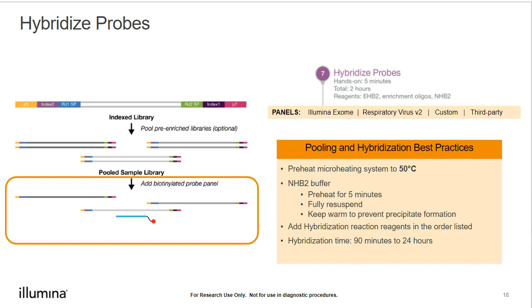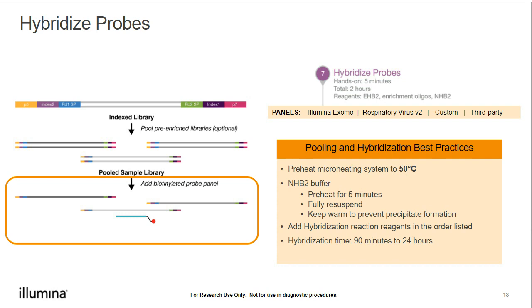Some best practices to keep in mind for this step include preheating your microheating system to 50 degrees C. This is to heat that NHB2 buffer. And we want to ensure correct handling of the NHB2 buffer, including preheating it for 5 minutes, fully resuspending it, and then keeping it warm to prevent any precipitate formation.